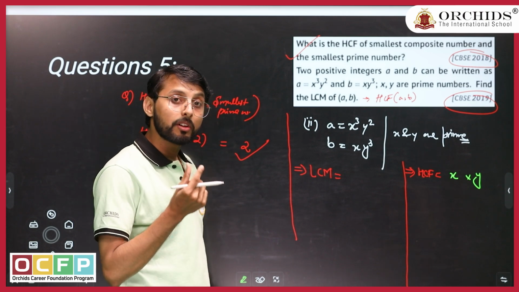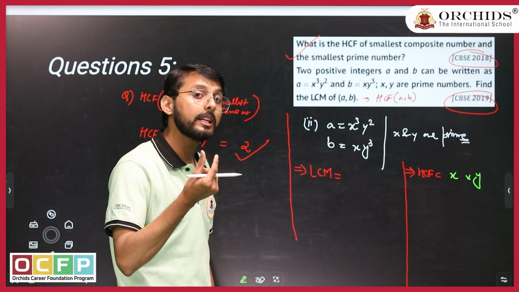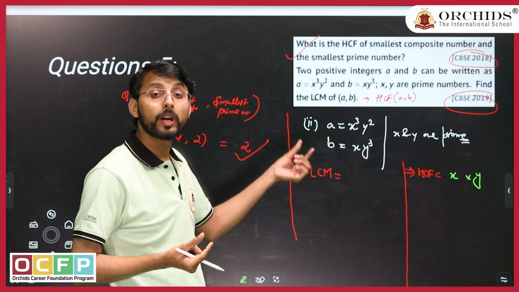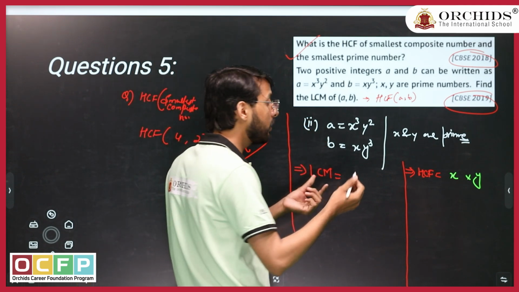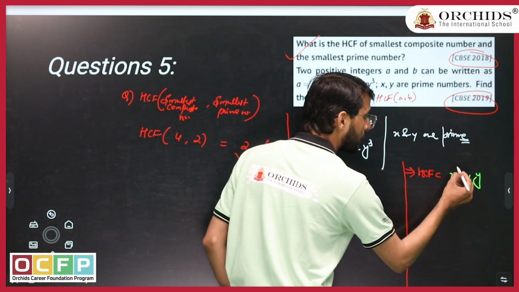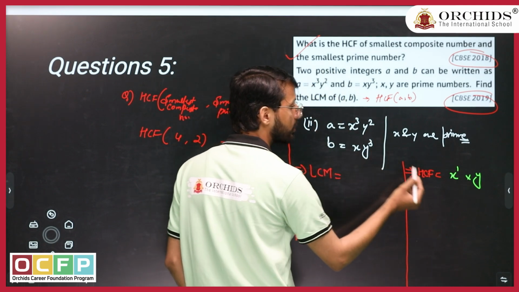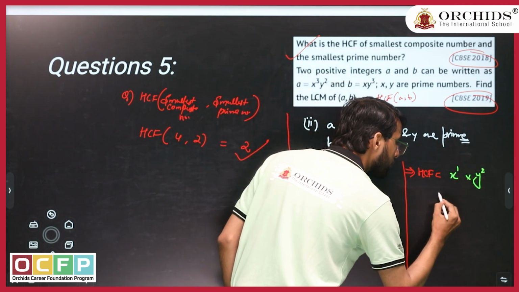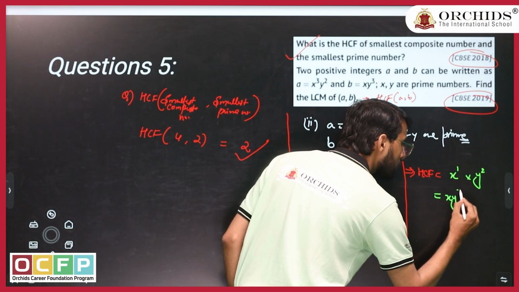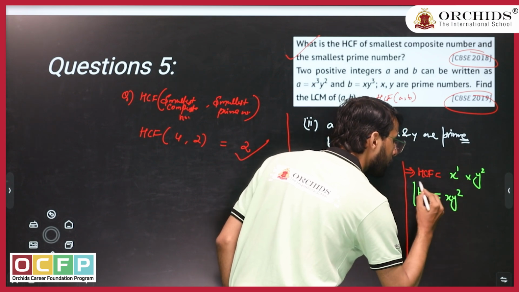Now in HCF, the first letter H states highest, but we will go for the lowest power of that common variable. x's lowest power is 1, and y's lowest power is 2. So what HCF value did we get? We got xy square. This is your HCF.